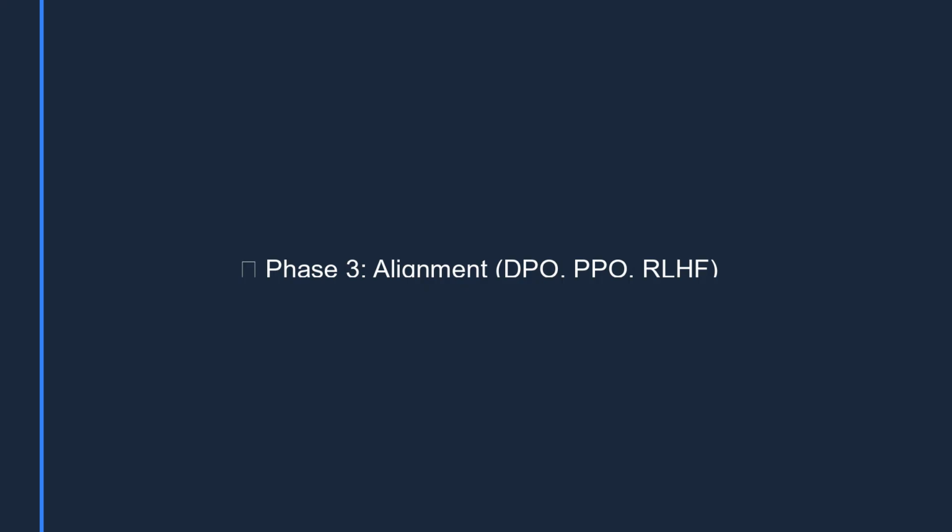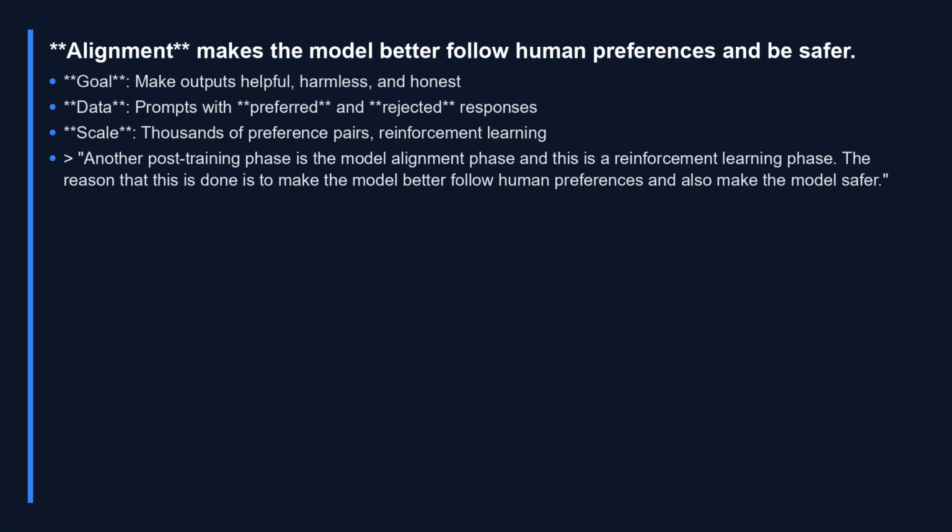Phase 3: Alignment, DPO, PPO, RLHF. Alignment is about making the model's outputs match what humans actually prefer, not just what's technically correct. An SFT model might answer every question, but some answers are better than others in ways that are hard to capture with a simple correct-incorrect label.